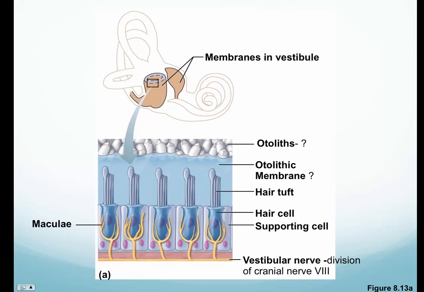Okay, so if we take a cross-section of your membrane, that macula, we notice on the very surface, the innermost layer here, we have these stone-like structures. It kind of looks like chalk stuck in jello. These structures are actually stones of calcium salt, so they're otoliths.